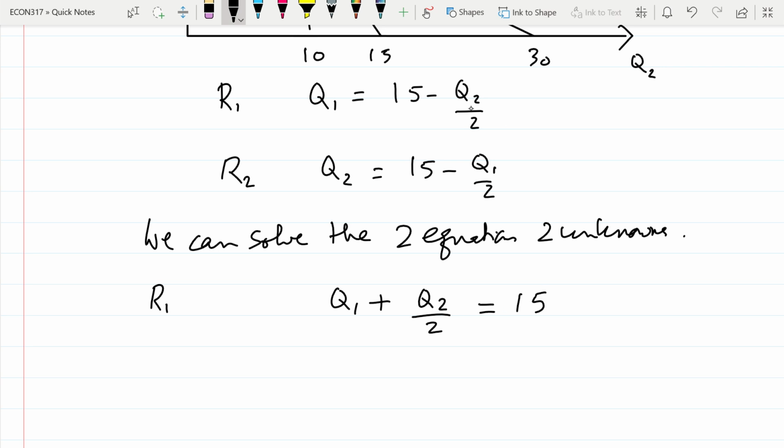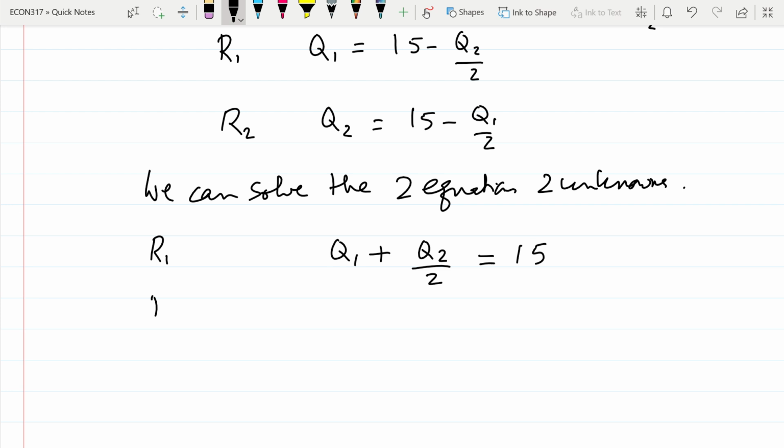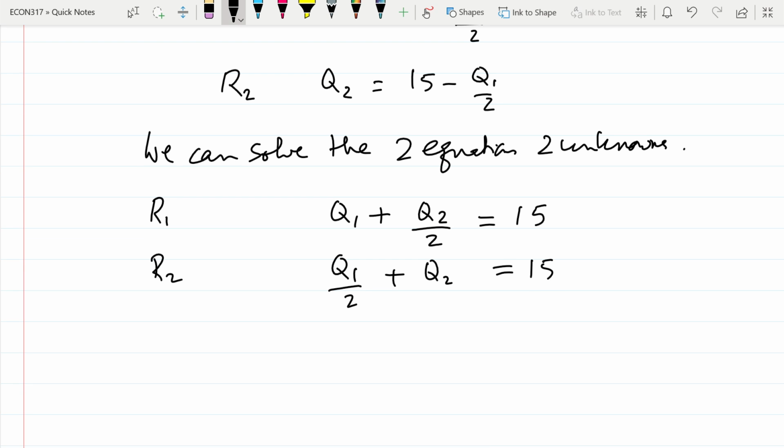I moved the negative term on the right to the left. It goes as positive. I will rewrite the reaction function 2 also by moving the Q1 over 2 to the left, and I will write the Q1 term first, so Q1 over 2 plus Q2 equal to 15, just to maintain the order in which each one of these two terms appear. This is two equations, two unknowns, linear, we should be able to solve.